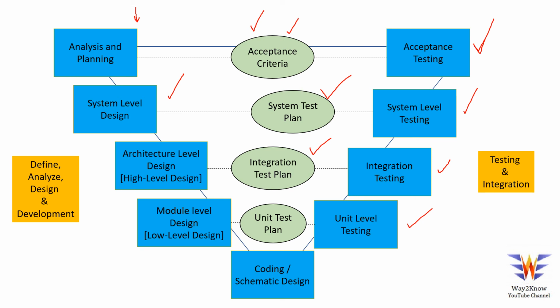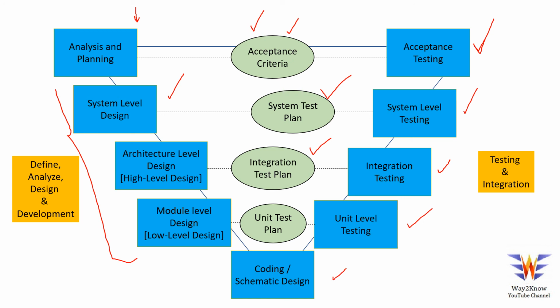Hope it is clear to you. Please post any questions if you have. Hope you are following this. In the real world, many companies have a single test plan and a single design level instead of these levels, and then directly move to the design.